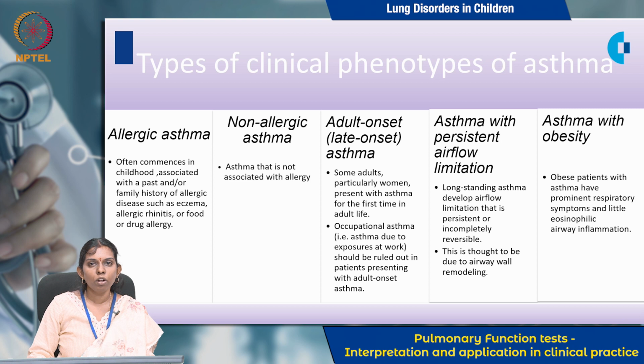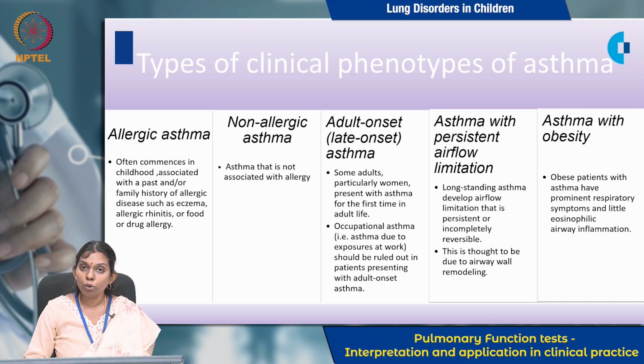Next, coming on to non-allergic asthma, which is very less common. Third, adult onset asthma. The child would have been asymptomatic throughout childhood, but it might suddenly start in the adolescent or in the adult period. So, we should also rule out occupational asthma in people who get exposed to a lot of allergens during their occupational work.